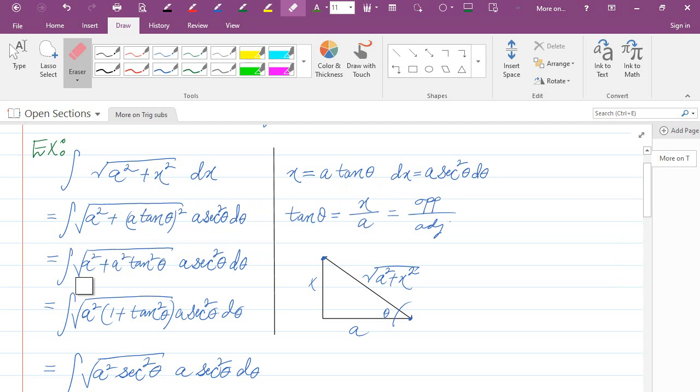Now notice that what I get then is root of a squared plus a squared tangent squared of theta times a secant squared of theta. Now here we can factor out a squared, and if I do that, I get 1 plus tangent squared of theta.